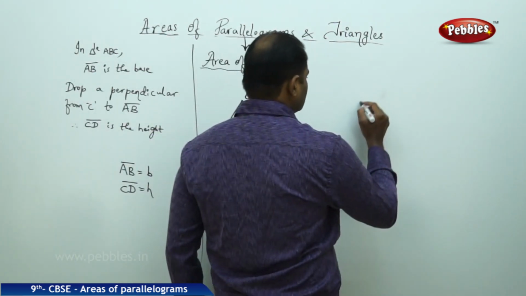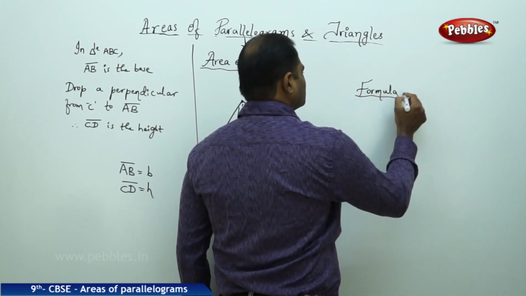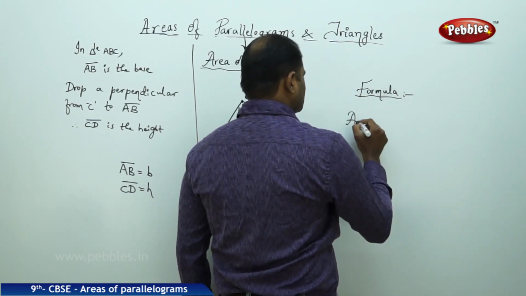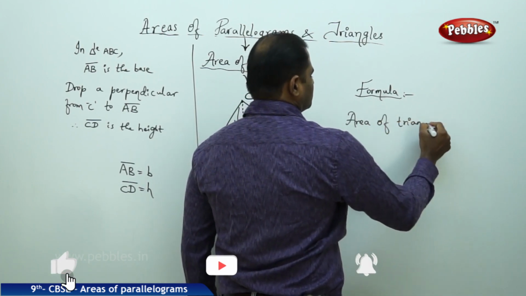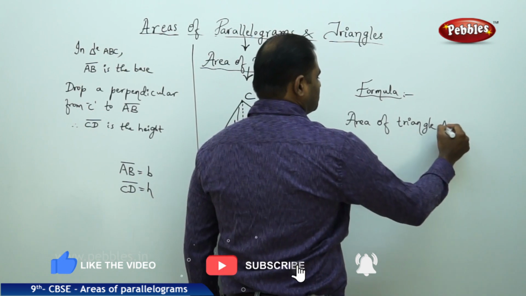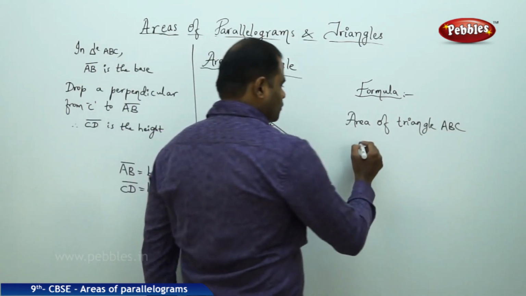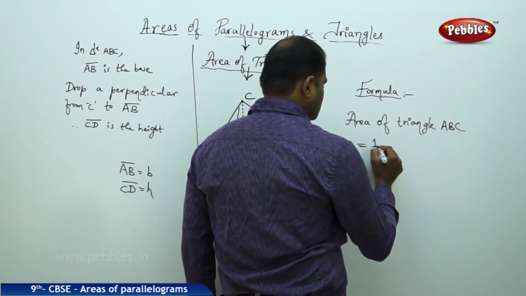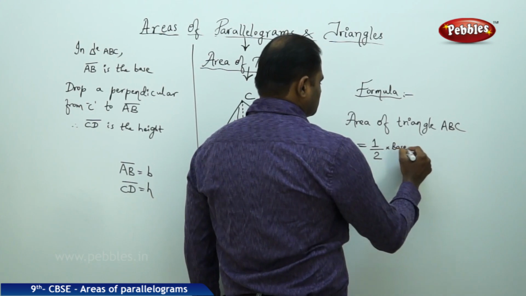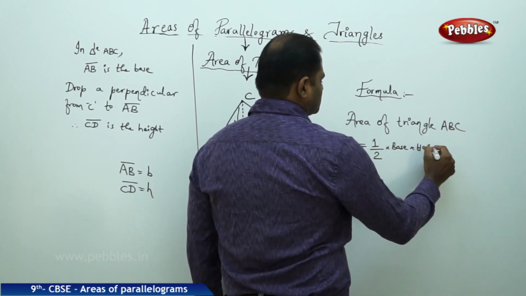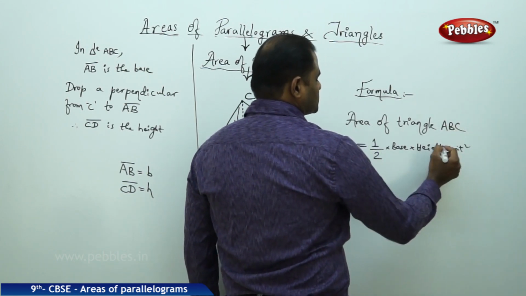Therefore, I can derive the formula as area of triangle ABC is given by the formula half into base into height square units.